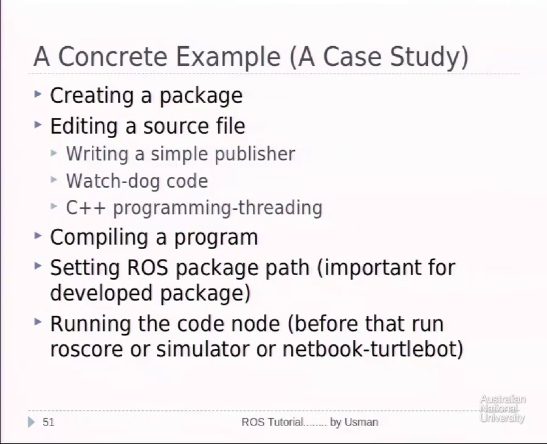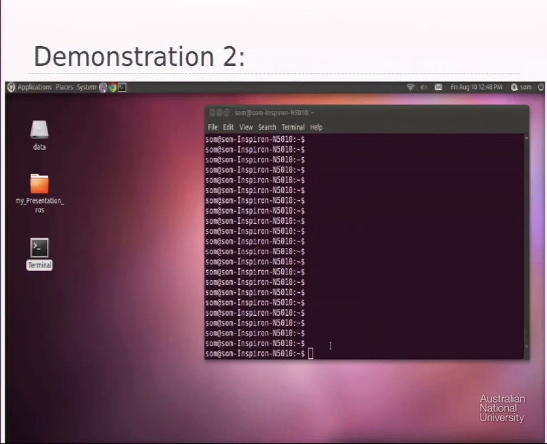In that editing, you will need to know what kind of data it is publishing, what kind of data it is sending to the robot to move, like velocity commands, what those commands are. Then I will look into compiling that program, then setting the ROS package path.